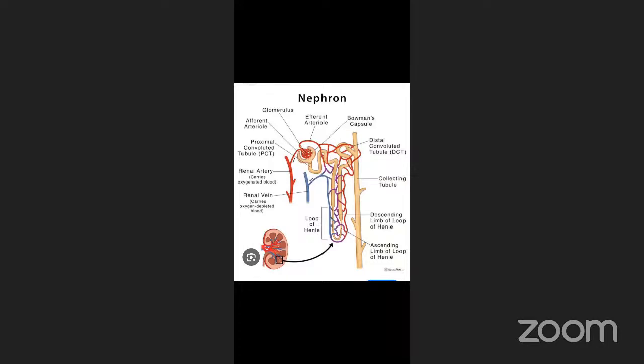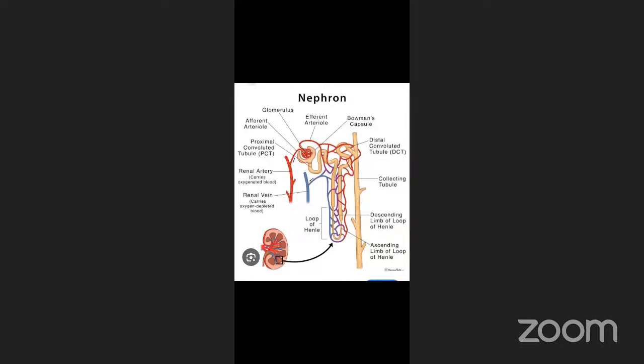So it has features similar to that of the proximal convoluted tubule. What usually occurs in the distal convoluted tubule is reabsorption of water. A lot of reabsorption of water occurs in the distal convoluted tubule, as well as salts also. So, most of the water is reabsorbed at the distal convoluted tubule.